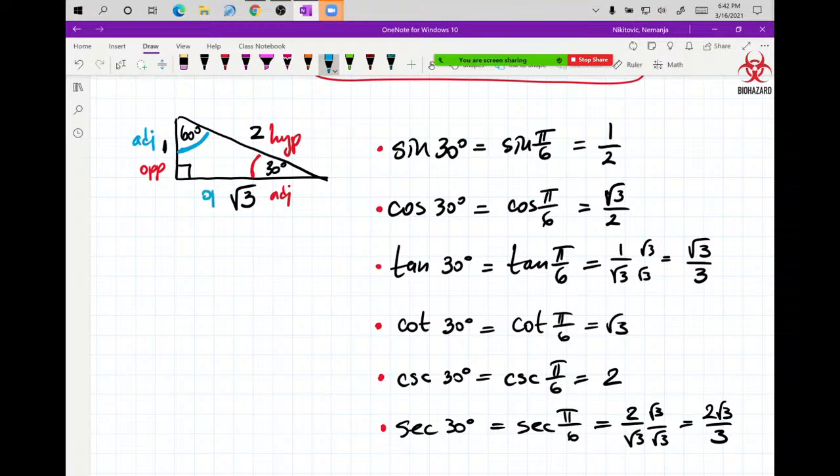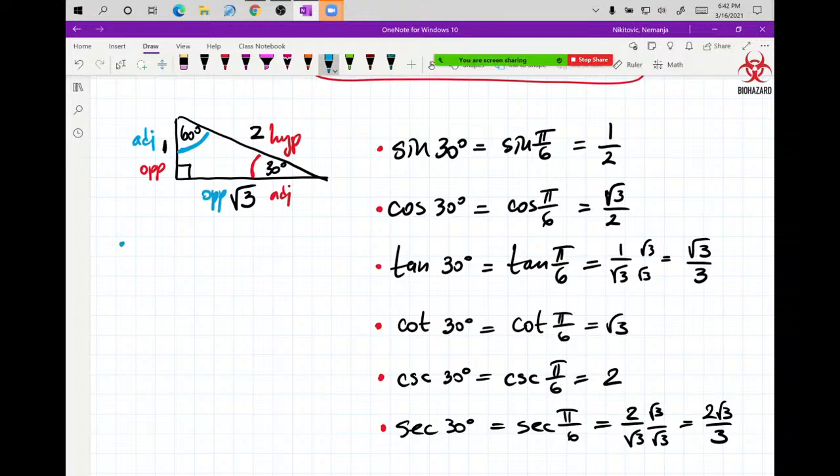And this adjacent becomes opposite because my angle has changed. But hypotenuse remains where it is, because hypotenuse is the longest side of the triangle. Right? And if you change the perspective from which you look at a triangle, that one is still the longest side. It remains in its place as a hypotenuse, where the other two flip.